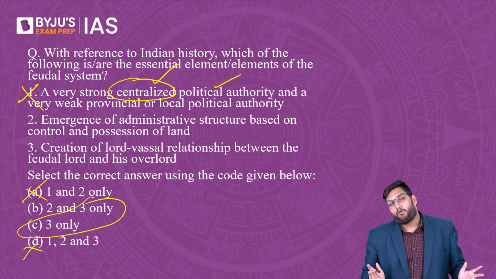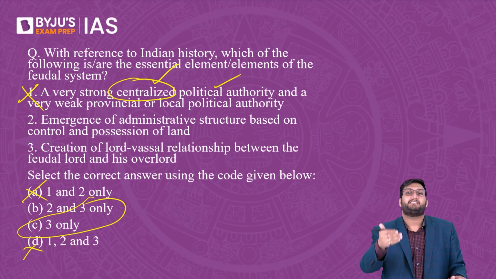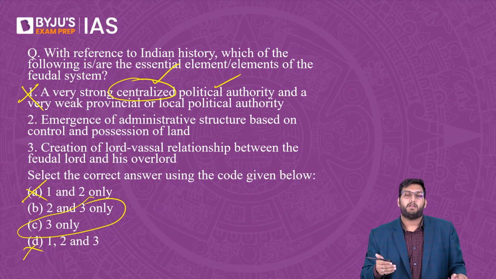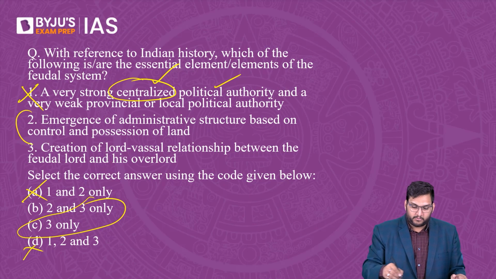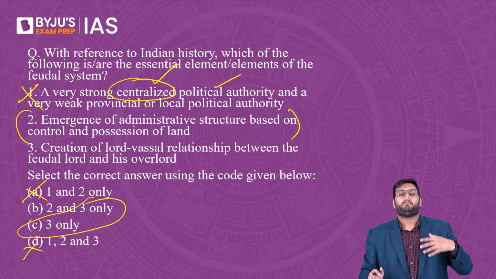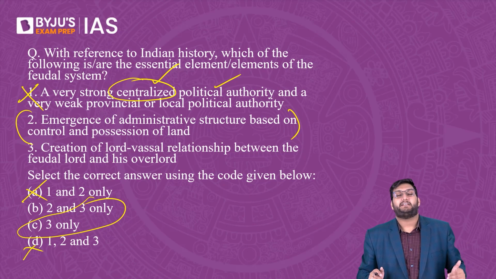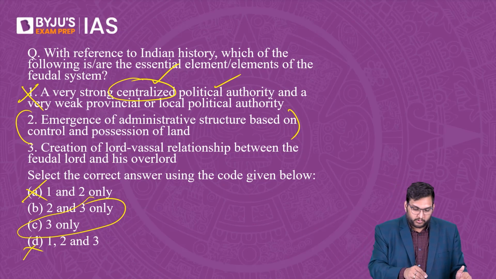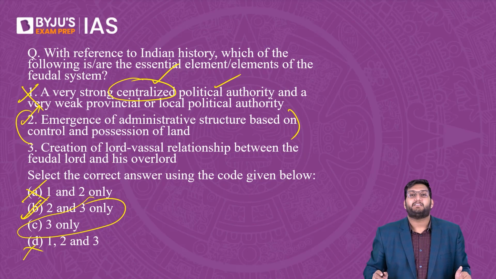That is, obviously, lord-vassal relationship is the basis of feudal relationship. Now when you decide if it was introduced in India specifically and even abroad through the process of land. In India, it was introduced by the Satavahanas via the land grant system, got accelerated in the post-Gupta period. So totally correct. So both 2 and 3 are correct.